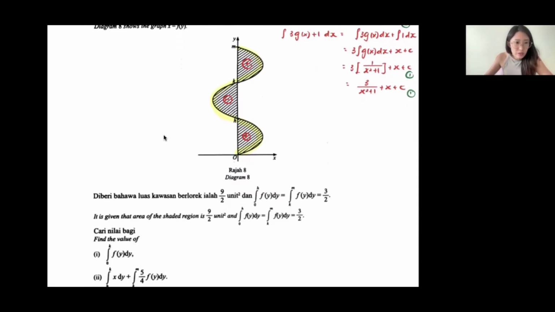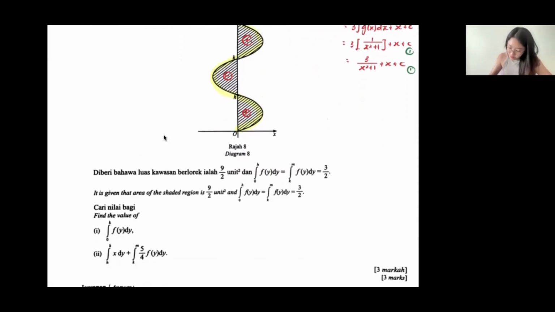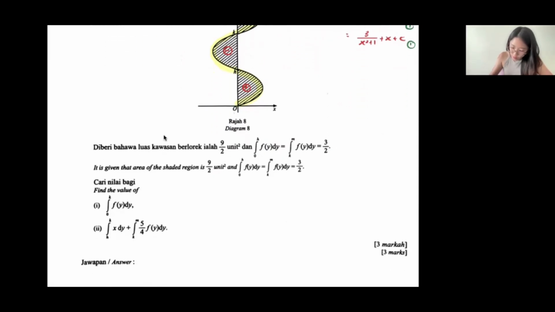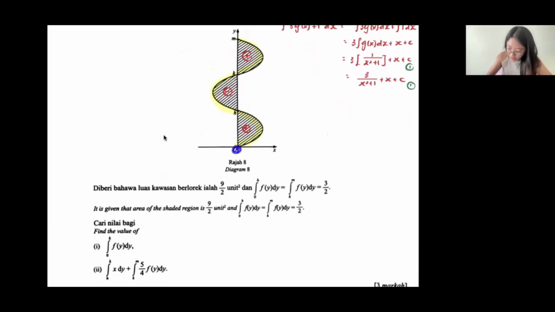Let us look at part 1. They want us to find the integral from 0 to k of f(y) dy. How do you find the area over here? They gave us the area of the shaded region, which is 9 over 2.